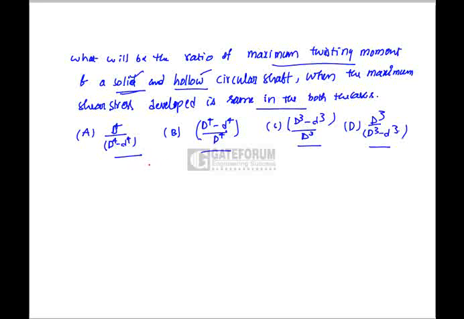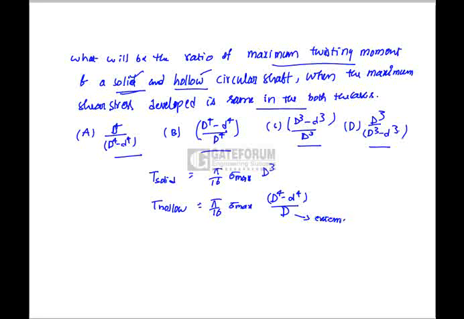So with respect to twisting moment for a solid circular shaft, we know that pi by 16 sigma max into d cube, whereas in case of hollow circular shaft it is pi by 16 sigma max into D power 4 minus d power 4 by D, where D is external, the small d is internal.